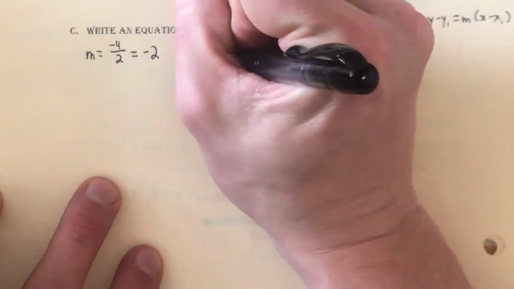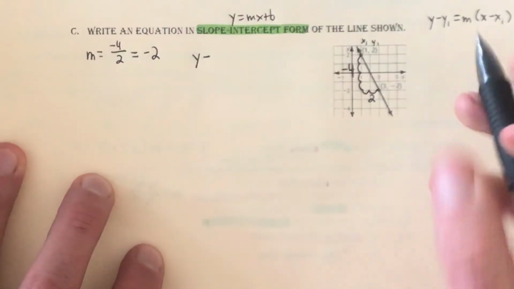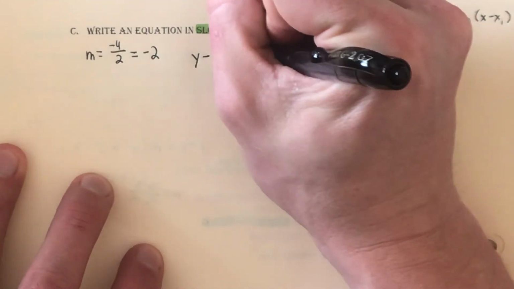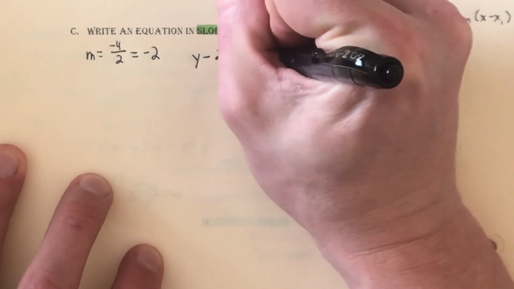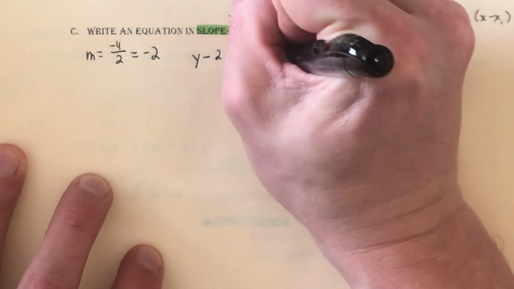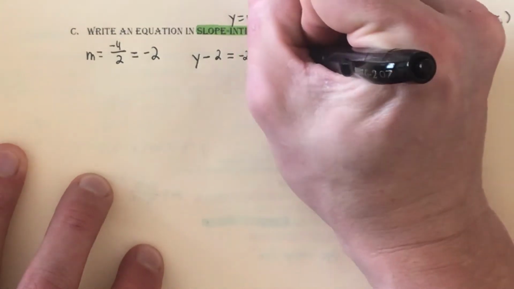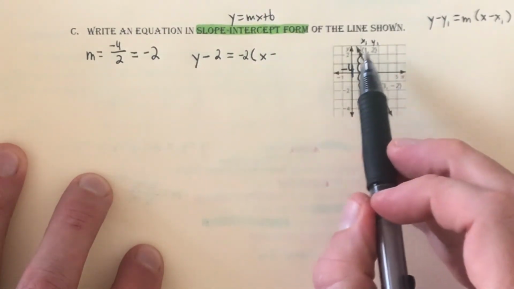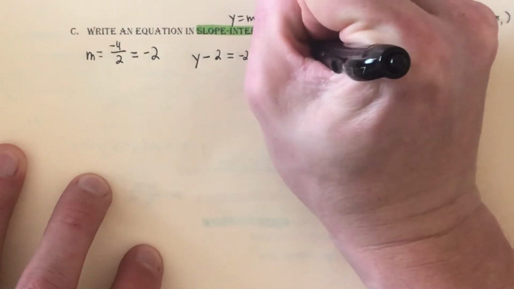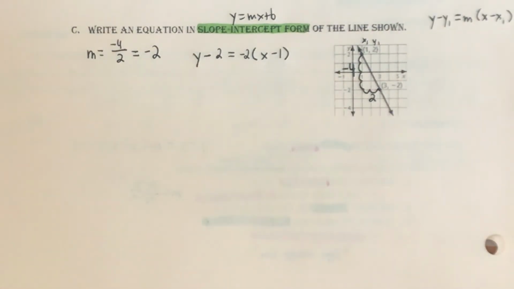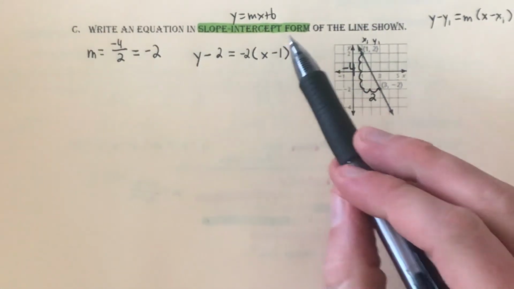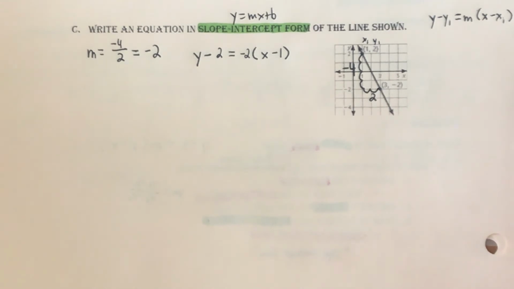So I've got y minus y1, which is 2, equal to m, which is negative 2, times x minus my x1, which is 1. So now I've got that information. Well, in order to get it down to slope-intercept form here, we need to take this information and use PEMDAS to simplify it down.